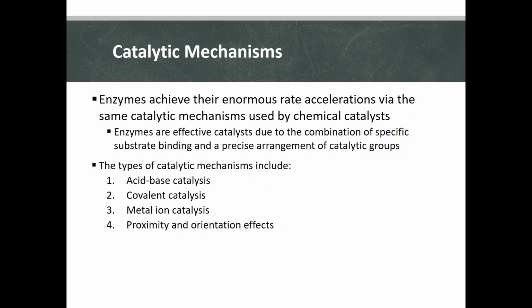Now, one thing I want to point out going in, most enzymes are going to utilize multiple types of catalytic mechanisms. You're not going to see enzymes, for the most part, there are exceptions, I will show you some of these exceptions, but for the most part, enzymes are not going to use just one type.